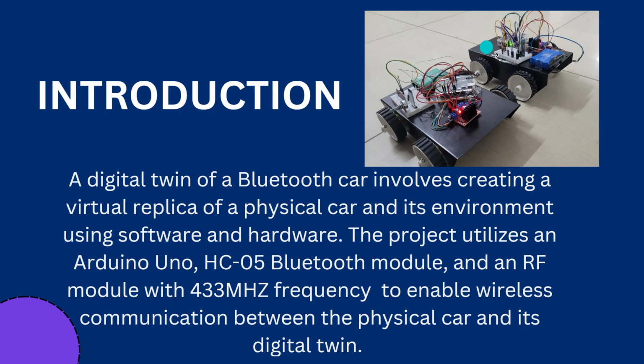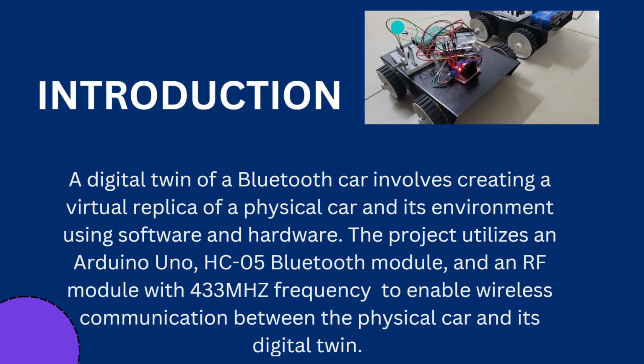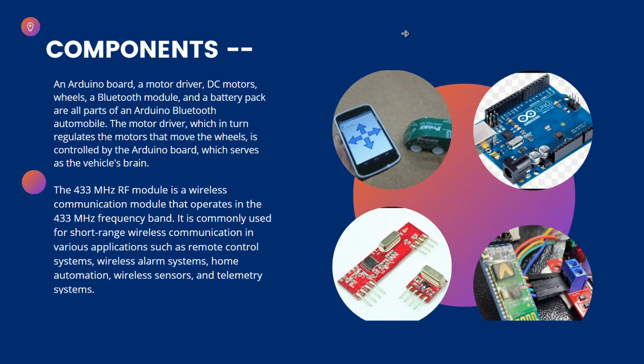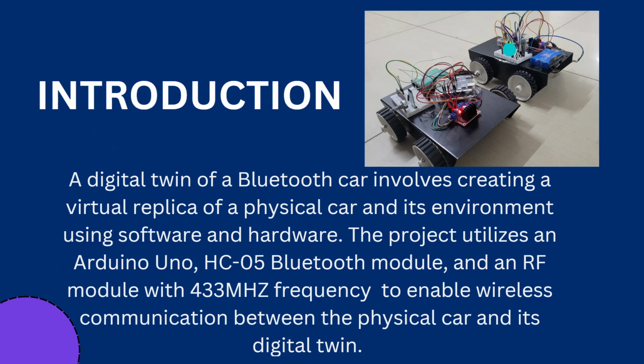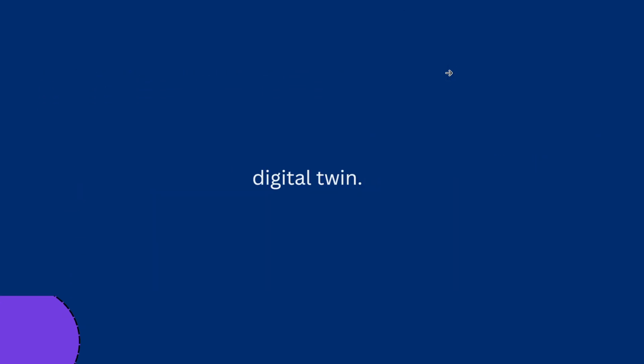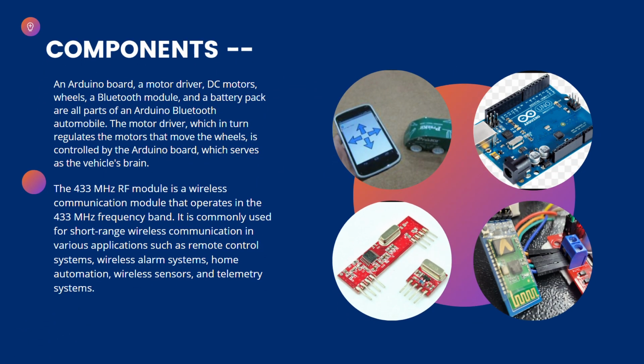When I give some input to my master car, it receives it and then transmits it to this slave car. The main component used in this task is this RF module.